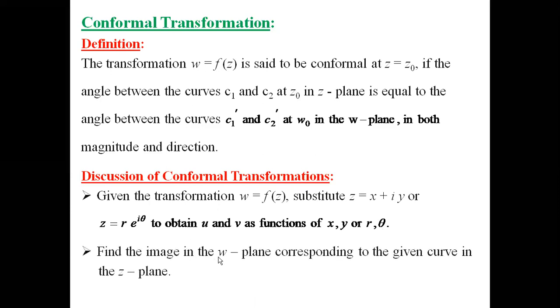Then we find the image in the W plane corresponding to the given curve in the Z plane. The curves that we are going to consider in the Z plane, for them, we are going to find the image in the W plane. So that is what we do exactly in the discussion of conformal transformations. Now we can see the three discussions one by one.